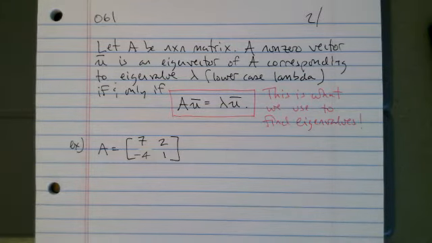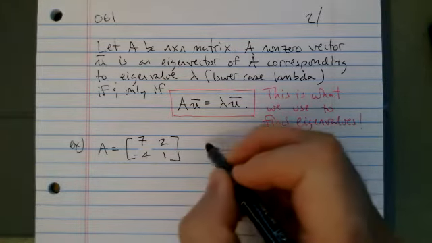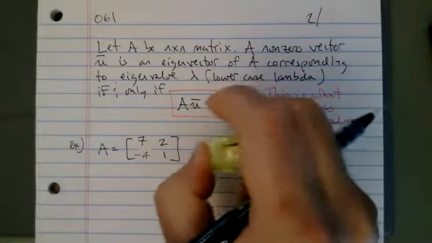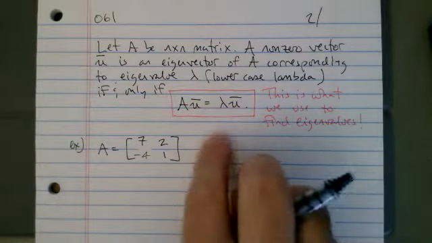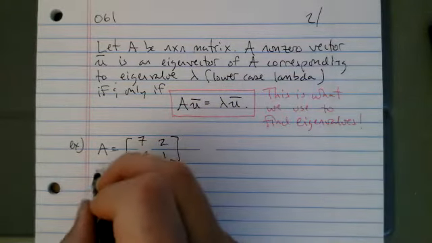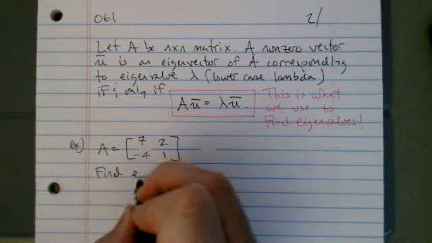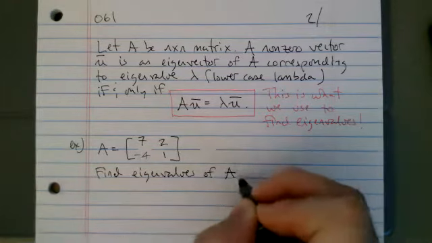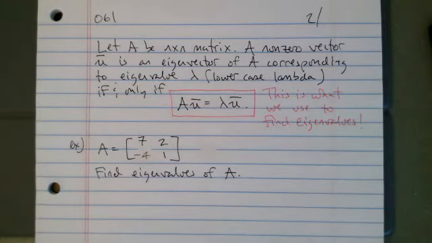So I want to find the eigenvalues of A. And we're going to just go from definitions or first principles. The eigenvalues, we're going to look for non-zero vectors U such that AU is equal to lambda times U. So here's what we're going to do.